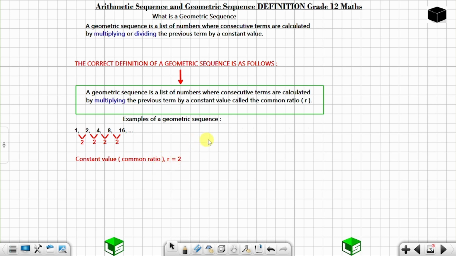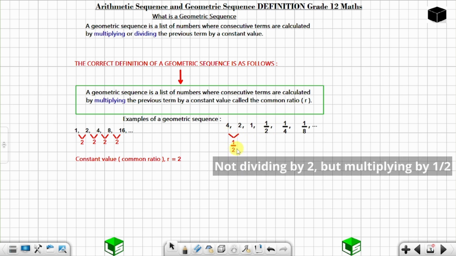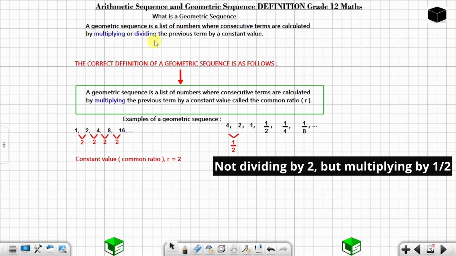Okay, another example, you can have something like this. In this example, you have to notice the common ratio is 1/2. So not dividing, we are still multiplying. In this case, we multiply by 1/2, a fraction, to get the next term.